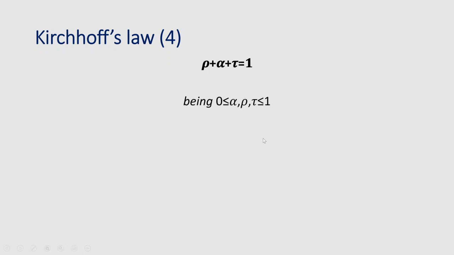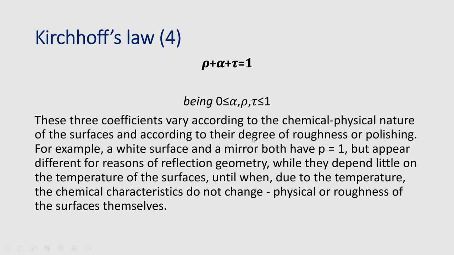We can add that alpha, rho, and tau are adimensional coefficients, ranging between 0 and 1, according to the chemical and physical nature of the surfaces and according to the degree of roughness or polishing.